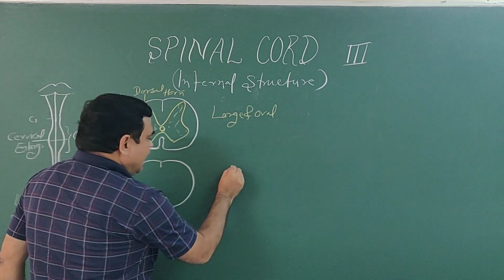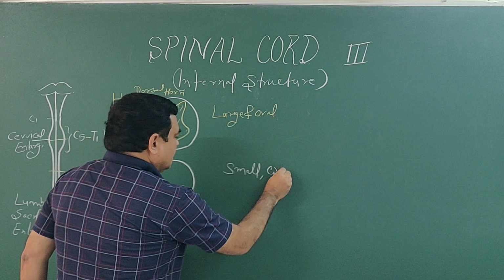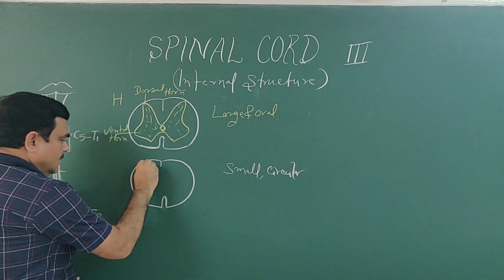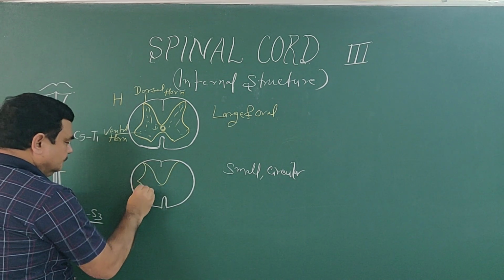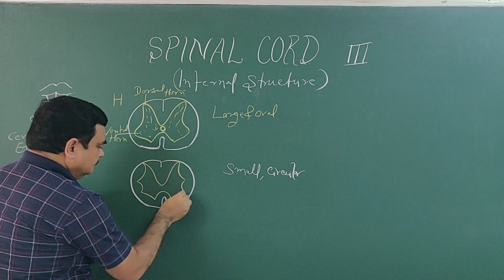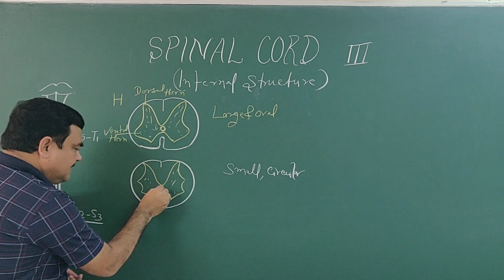So it is small and circular. This is gray matter. Here is the central canal.